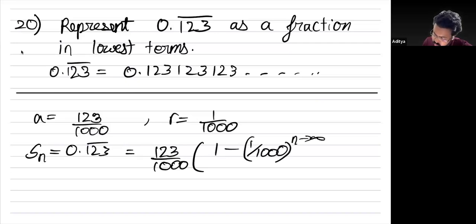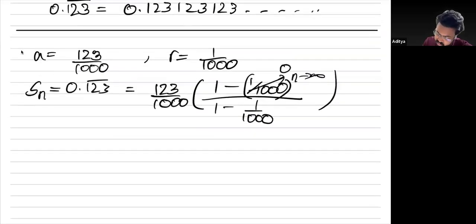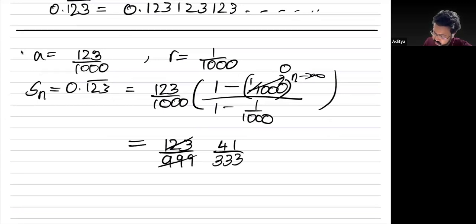So this quantity will go to 0, upon 1 minus 1 upon 1000. If you simplify this, you'll find that it's 123 upon 999. Divide numerator and denominator by 3, you get 41 upon 333. Okay, this will be the answer.